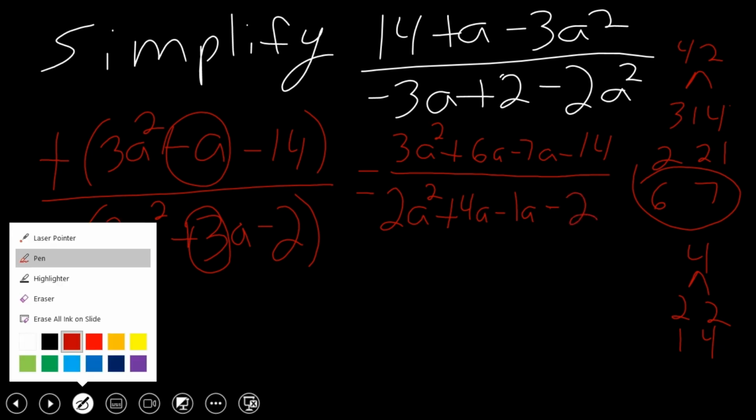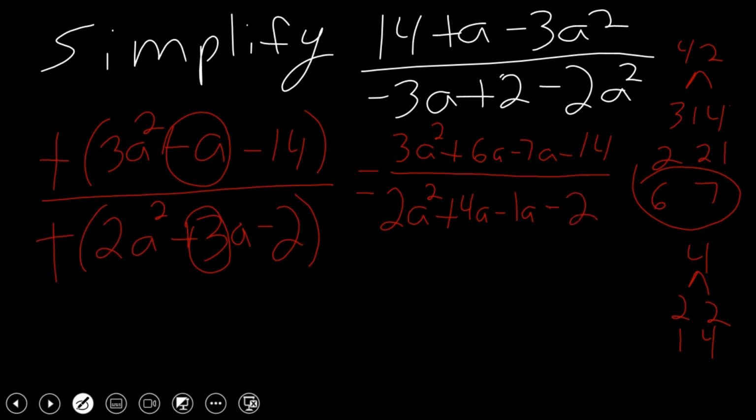Okay, so now we're going to do a little division line here. And so the top one, 3a comes out of the first section, okay?